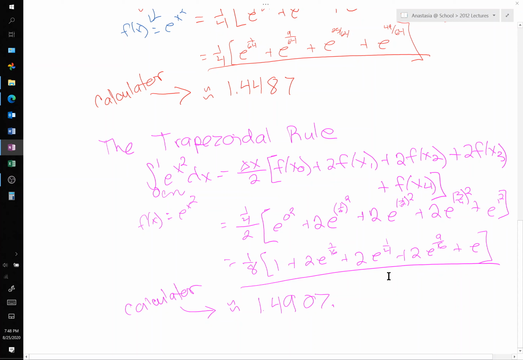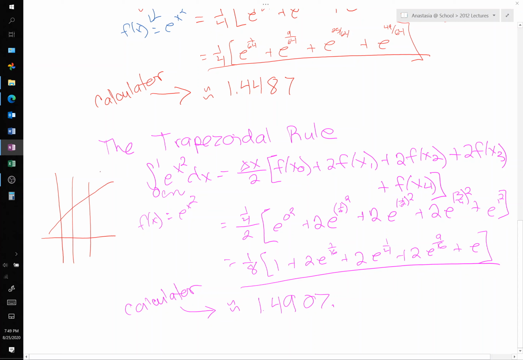We also have to answer the question of which approximation we think is better based on the explanations. And it specifically says to especially think about the graphical representations. Now, if you compare the pictures associated with the midpoint rule and the trapezoidal rule, the trapezoidal rule uses a trapezoid instead of a rectangle.